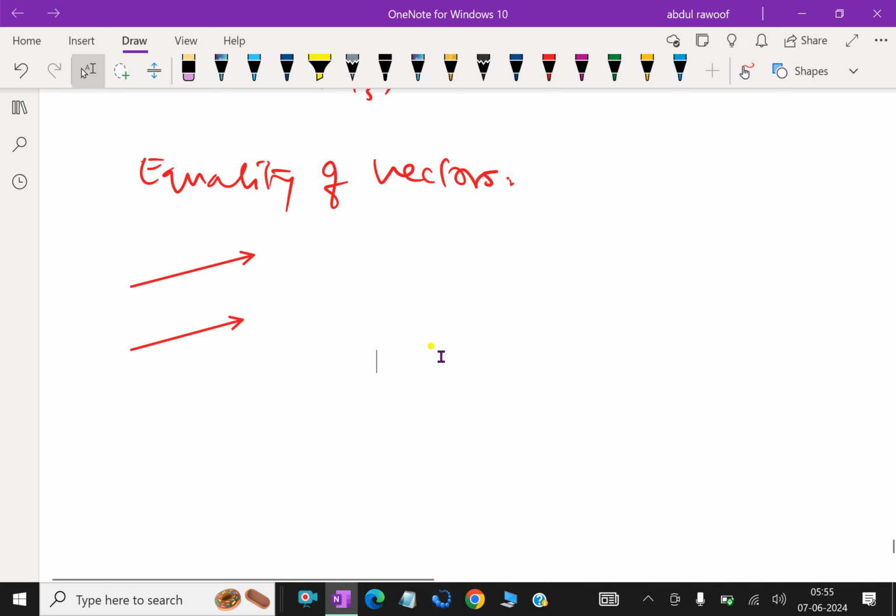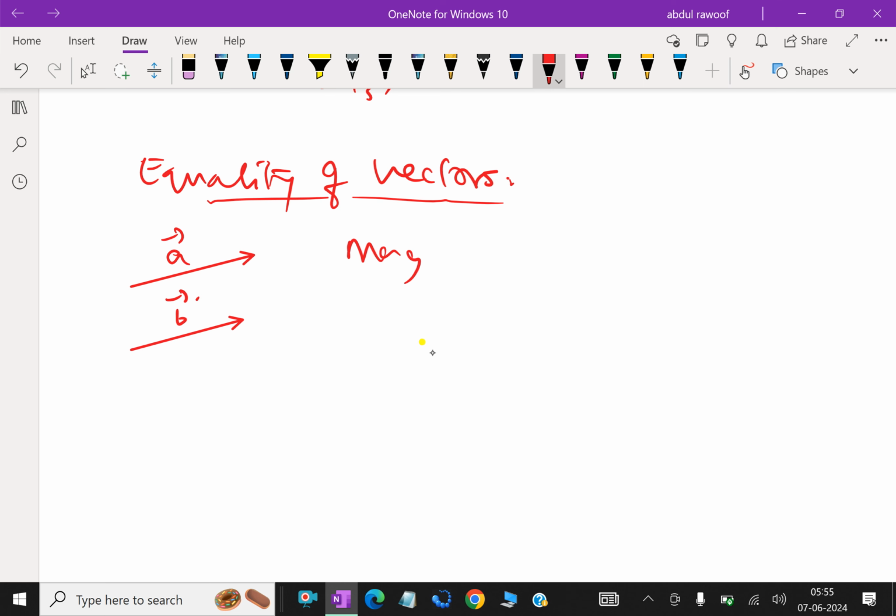These two vectors are said to be equal because their magnitude and direction are the same.